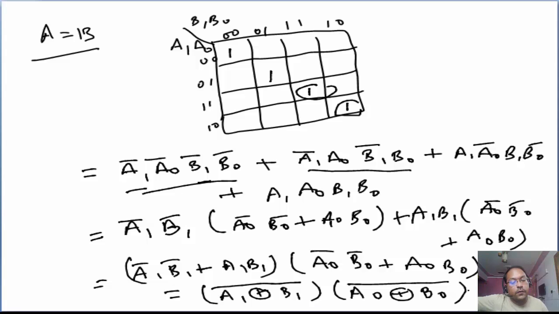Fine. In the same way, we can write the K map for a less than b and a equal to b. Sorry, a equal to b we have already written. So a less than b and a greater than b. We can directly see the expressions for the two.